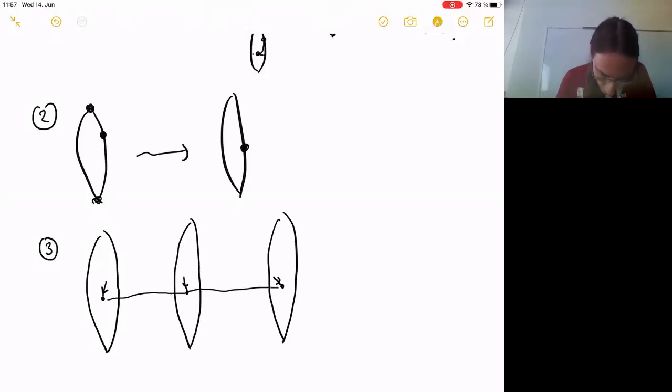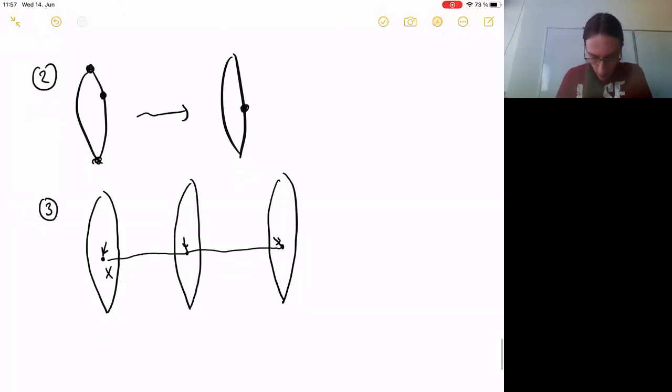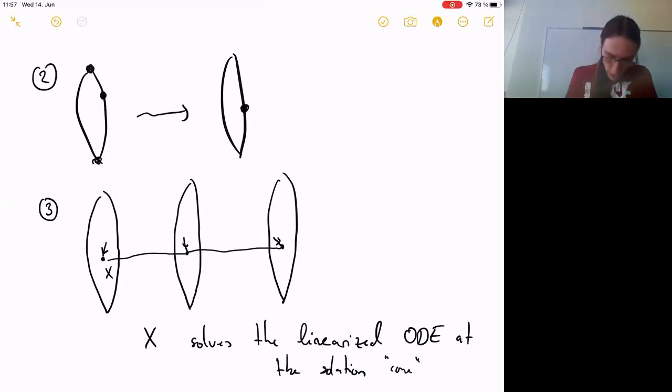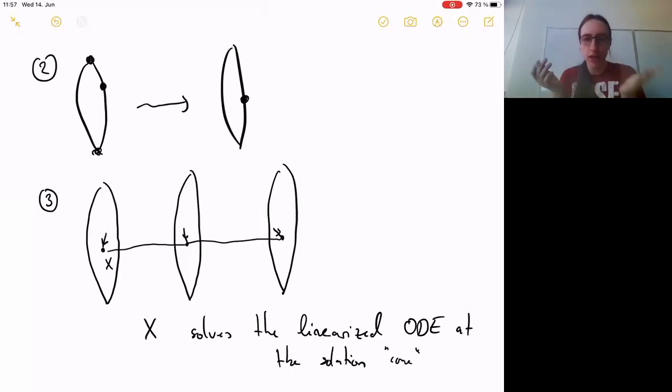Yeah, so if you have this direction vector field, say X, then the vector field X will just solve the linearized ODE at this special solution, which I call the cone solution. Yeah, so you have this direction, it solves the linearized ODE.